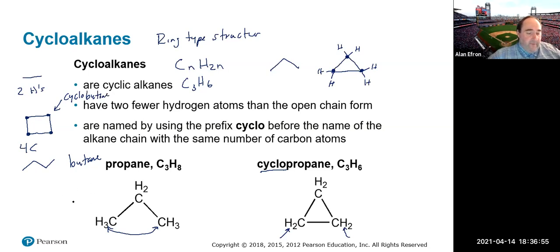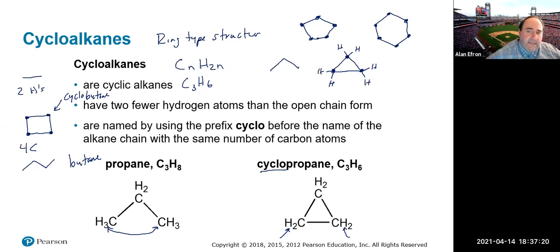And you can do that for pentane, another common one. This is cyclopentane, again 1, 2, 3, 4, and 5 carbons. And cyclohexane, also a geometric shape, 1, 2, 3, 4, 5, and 6.